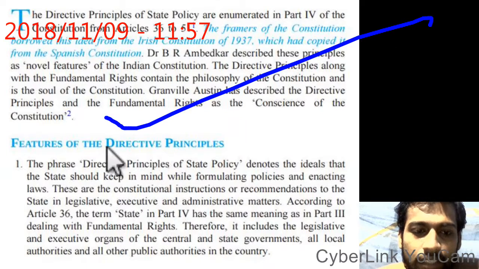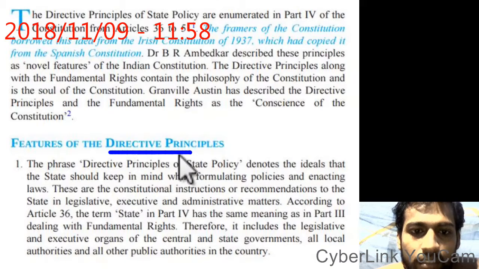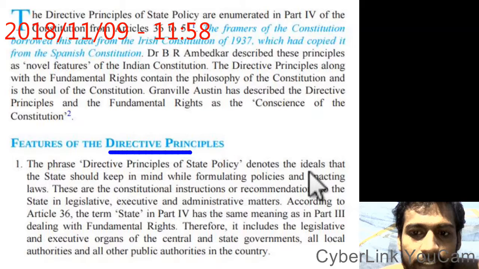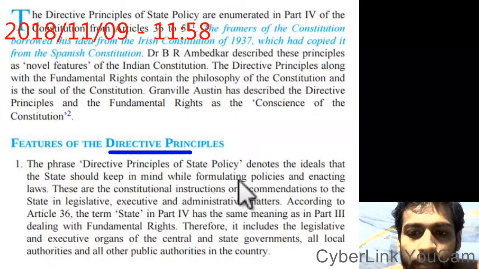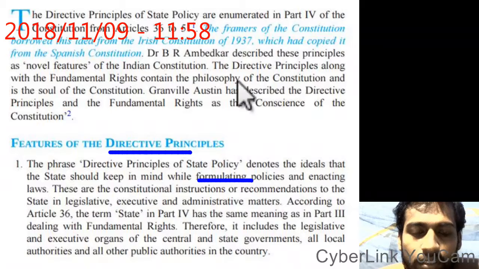Now discuss the features of the directive principles. It notes the ideals that the state should keep in mind while formulating policies and enacting laws.